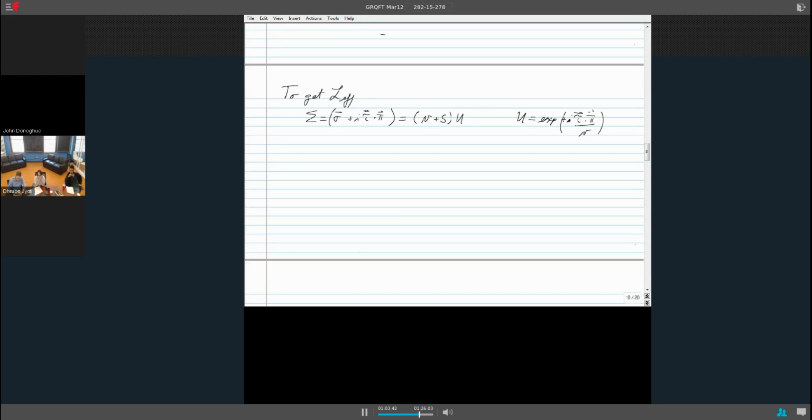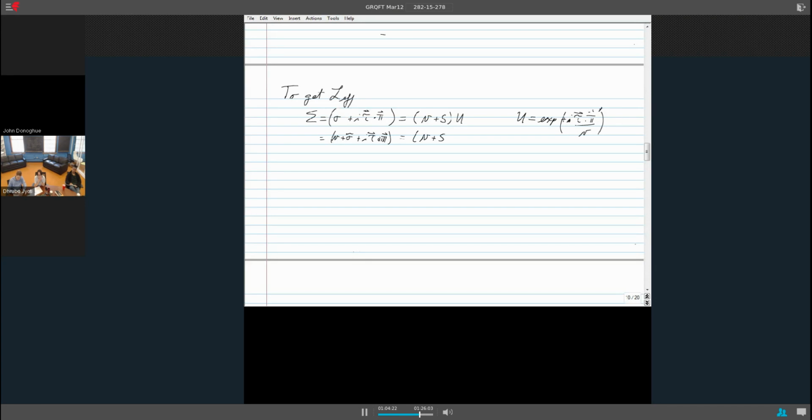Okay. So now, to get the effective field theory, I'm going to take this Lagrangian and go straight to the effective field theory and then do some calculations. The trick for getting the effective field theory is to take this original field, these sigmas, and put it in a new form.